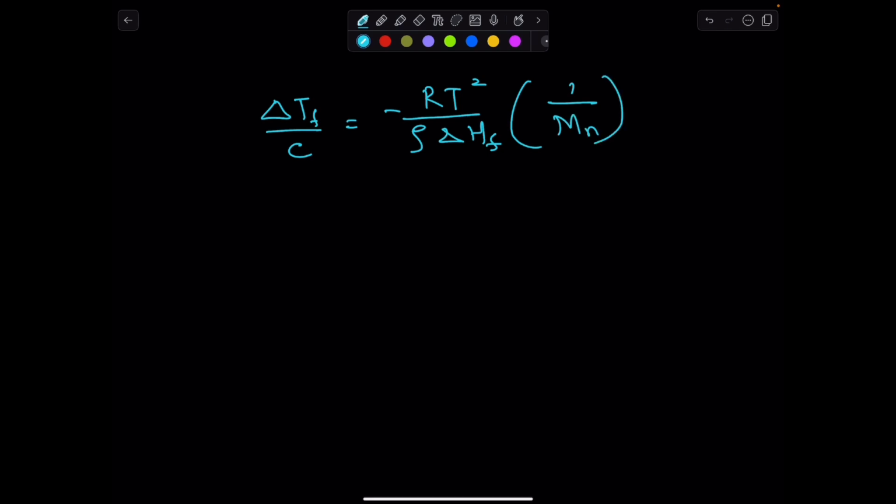For the freezing point depression, similarly, delta TF over C equals minus RT squared over rho delta HF times 1 over Mn, where delta TF is the freezing point depression, C is the concentration given as 1%, R is the universal gas constant, T is the freezing point in Kelvin, rho is the density, delta HF is the heat of fusion, and Mn is the molecular weight of the polymer.